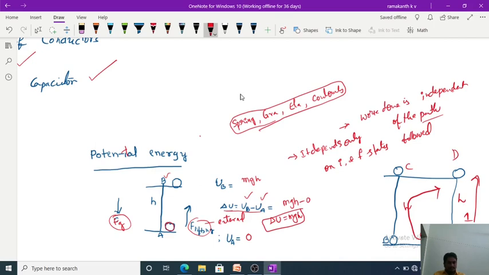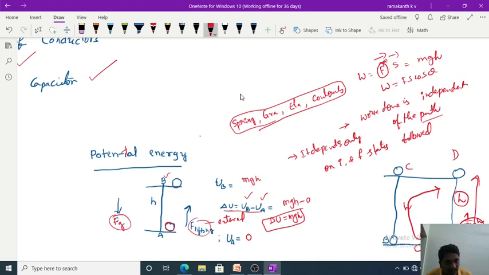Let us take what is the work done in this path. Work done in the first path will be mgh. Why? Because work is equal to force into displacement, F dot S. The minimum force we need to apply is equal to the gravitational force, mg, into h, mgh. Here, F dot S equals F S cos theta. The angle between the force and displacement is 0, cos 0 is 1.